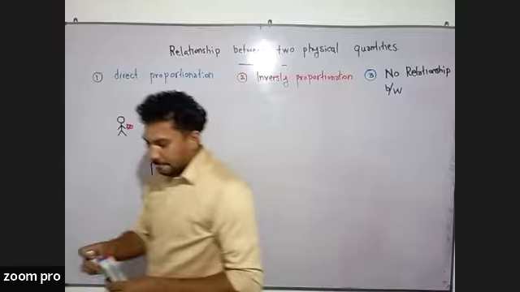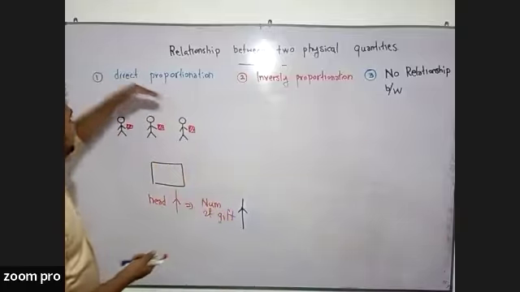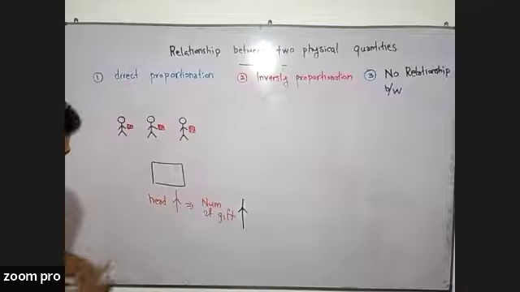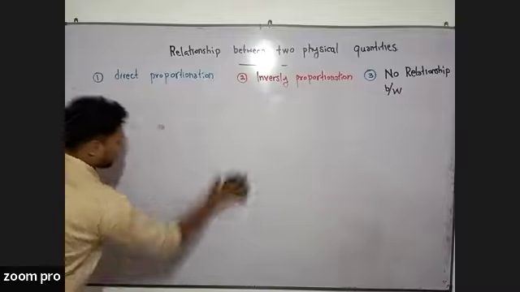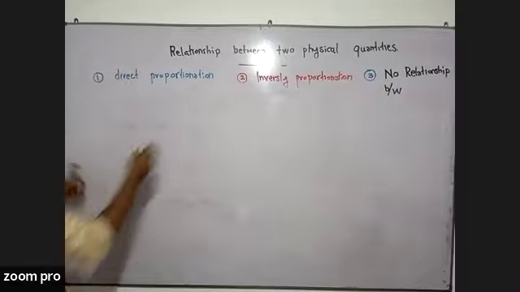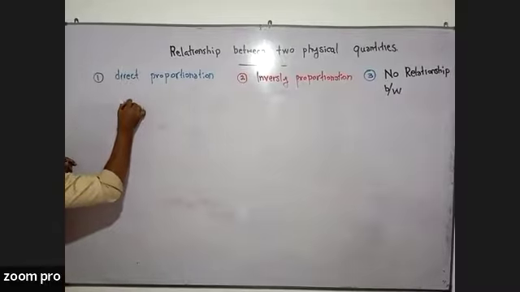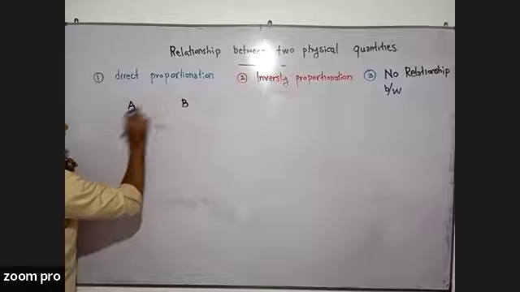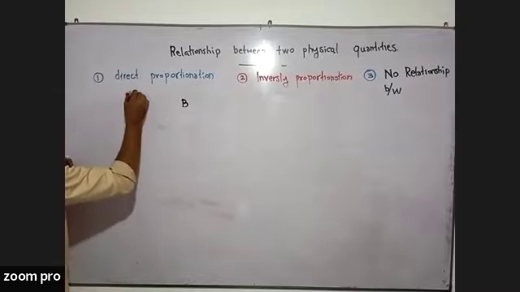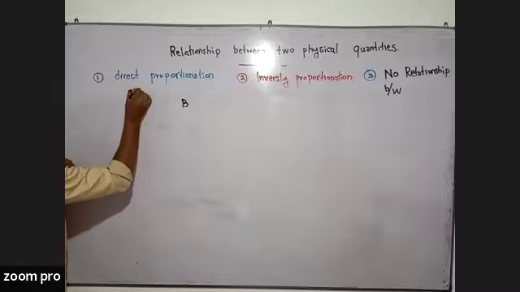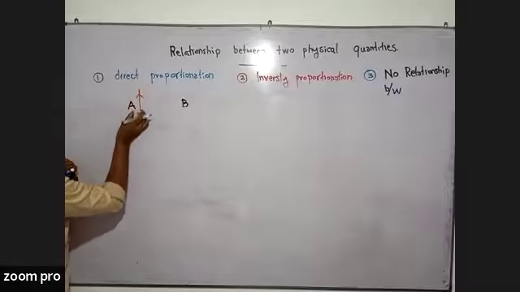So likewise, guys, direct proportionation means, let's assume that there are two physical quantities, A and B. If there's a direct proportionation, what will happen when one of the physical quantities is getting increased?